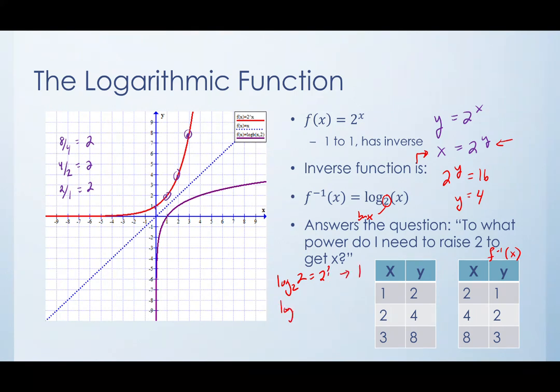Log base 2 of 4: what power do I have to raise 2 to get 4? I have to raise it to the 2 power. And log base 2 of 8 equals 2 to the what? I have to raise 2 to the 3rd power to get 8. Okay, so we're going to break here and then talk more about the basic logarithm function.